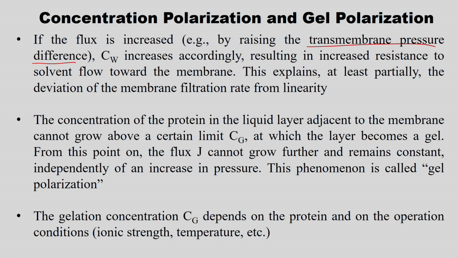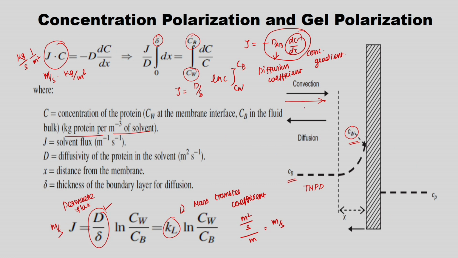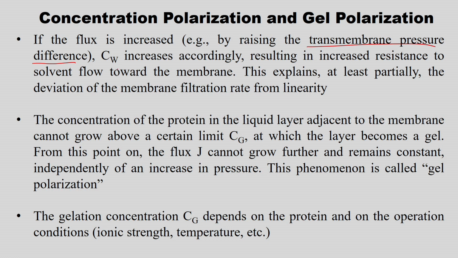So, if I further increase the TMPD, it increases the flux, and Cw, which is nothing but the concentration of protein near the membrane surface, increases, resulting in increased resistance to solvent flow toward the membrane. Because of this, the layer is getting thicker and thicker, and your solvent flow through the membrane is getting decreased, and this explains at least partially the deviation of the membrane filtration rate from linearity.